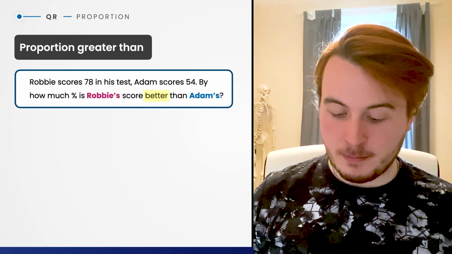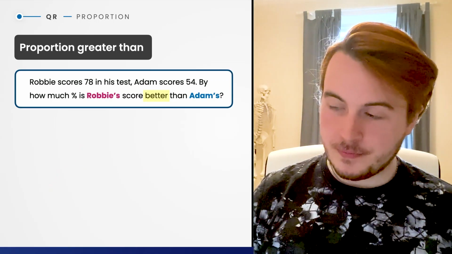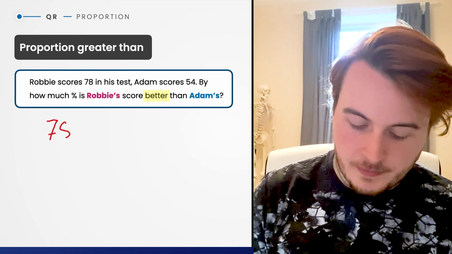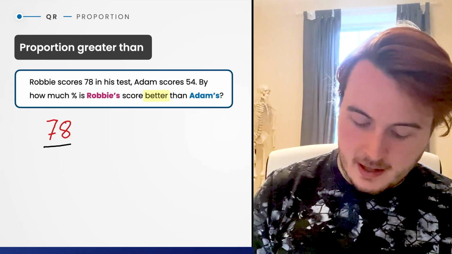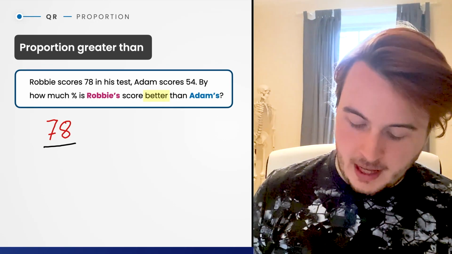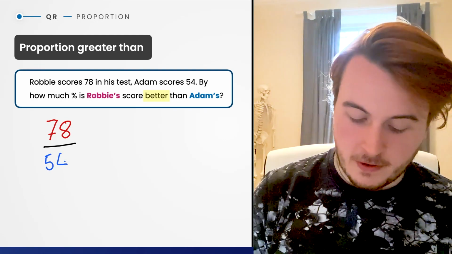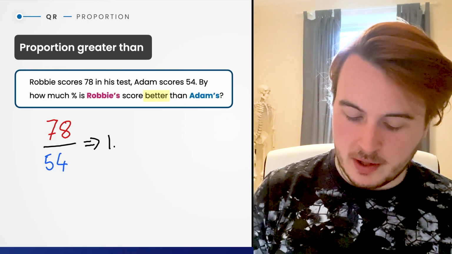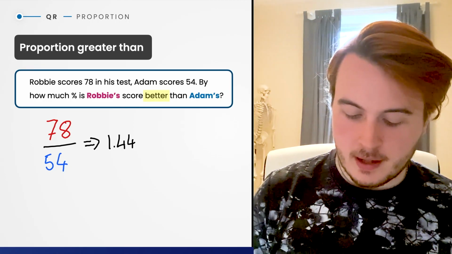Let's work it out and see what number we get. We take Robbie's score, which we said was 78, and divide it by, or put it over, Adam's score, which in this case is 54. That gives us 1.44.